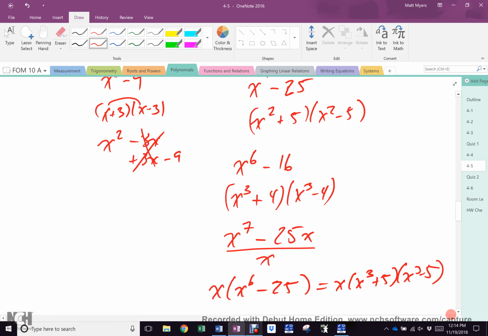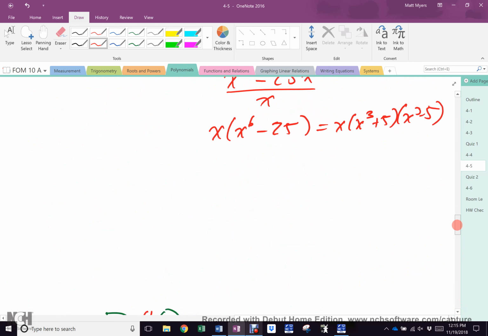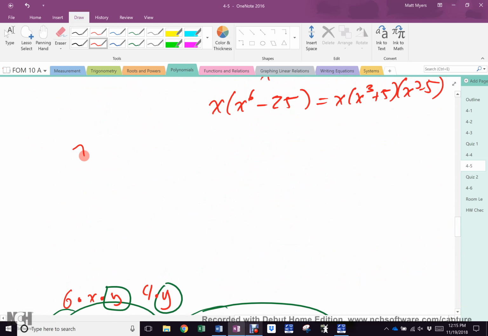Great. Change it to x minus 7 squared minus 16. Isn't that exactly the same as b squared minus 16?